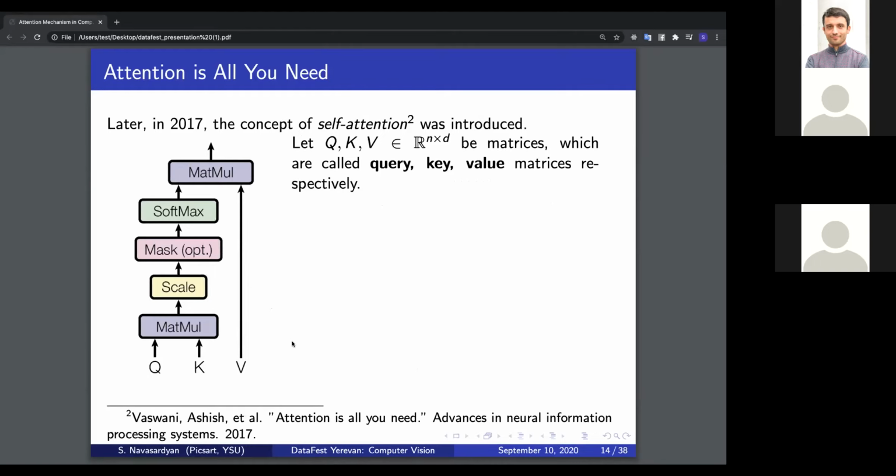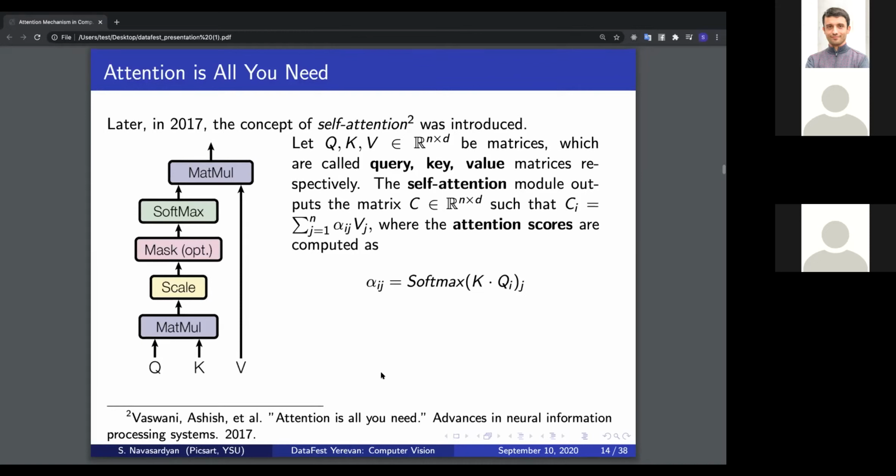This model is just a function which takes three matrices as inputs and outputs another matrix. For simplicity, let's assume all matrices have the same dimensionality. So what does this model do?